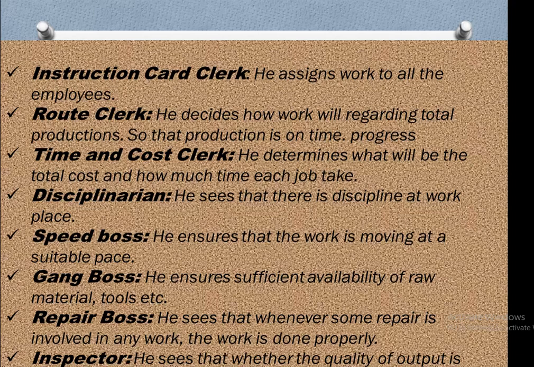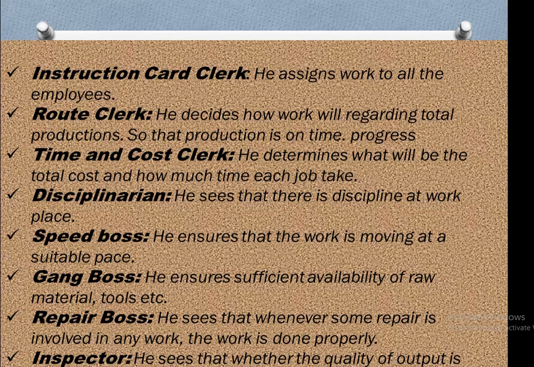This foreman is responsible to fix up the time for starting and completion of the job. He also prepares the cost sheet for every job. Disciplinarian. This foreman is responsible for performance of the job in a systematic way, that is, he ensures discipline at the workplace.